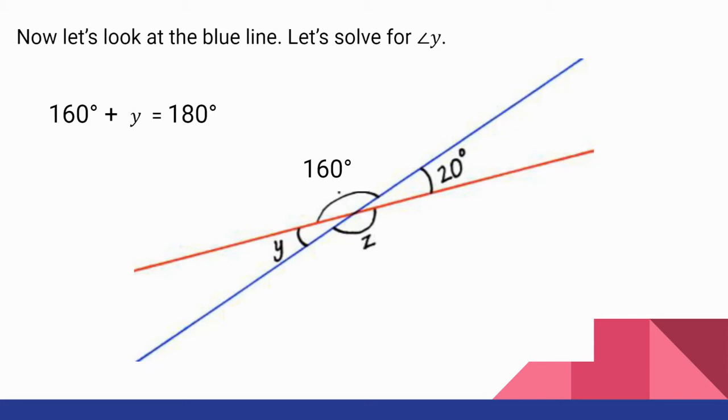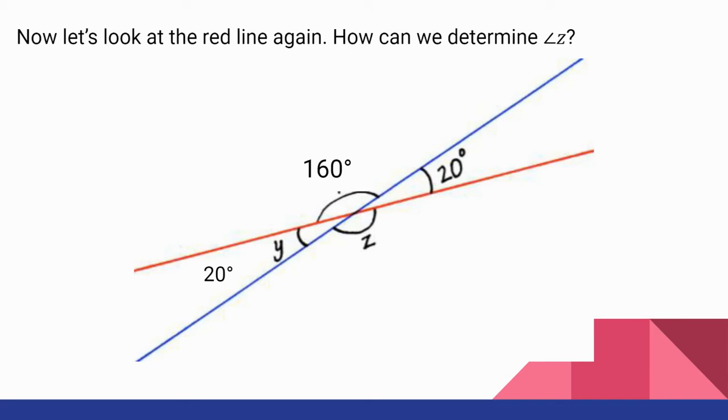Then we can use subtraction to find Y. 180 degrees minus 160 degrees equals Y. So Y equals 20 degrees. I see something interesting. I see that Y and our first angle that we knew the measure of are both 20 degrees.